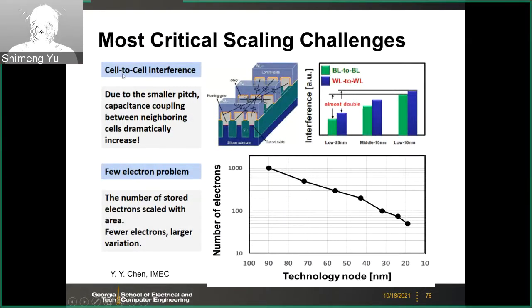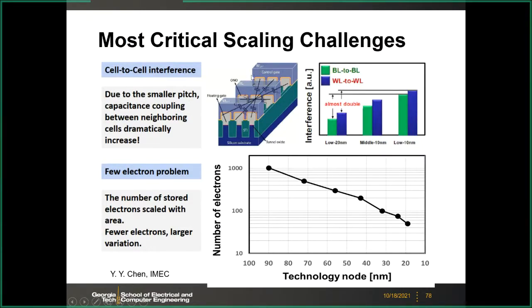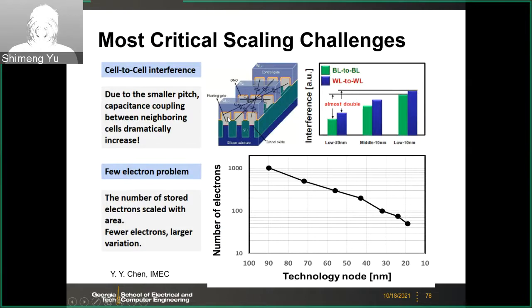So let's look at those two particular problems in more detail. The first one is cell-to-cell interference. Due to the smaller pitch as we scale, the word lines become closer to each other, and the distance between the word lines or between the bit lines decreases because the distance between those metal lines decreases. So the cells may be capacitively coupled to each other.